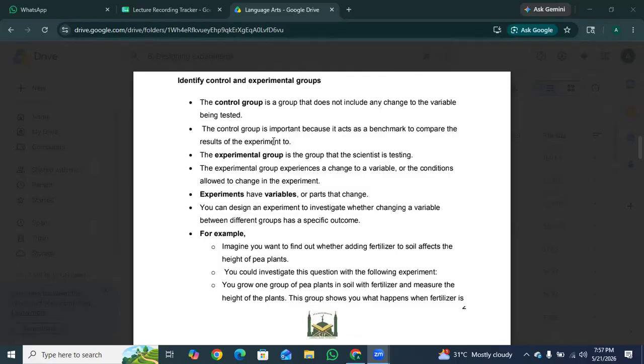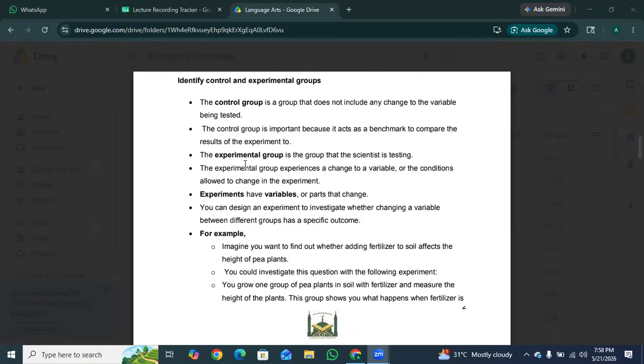So the experimental group. The experimental group is the group that the scientist is testing. It experiences a change to a variable, or the conditions allowed to change in the experiment. Basically, it is the group that gets the special change or the new condition you want to test. And why do we need it?